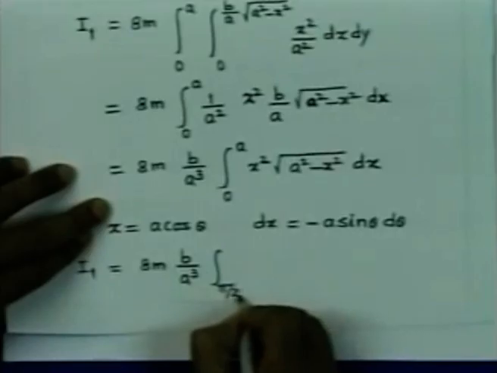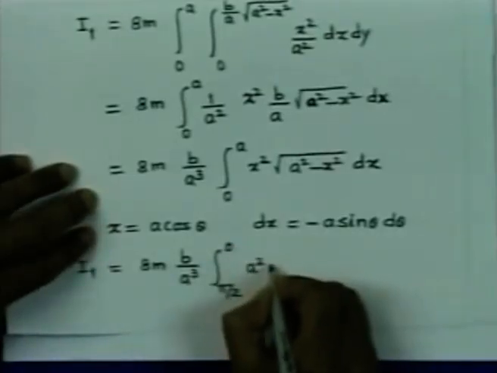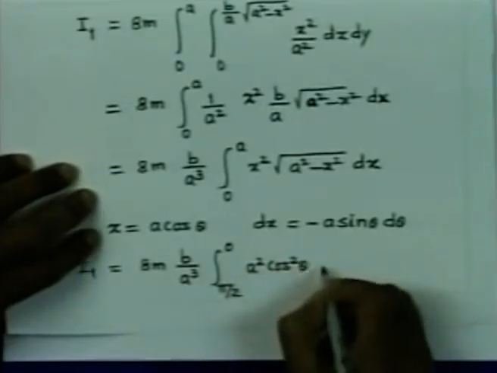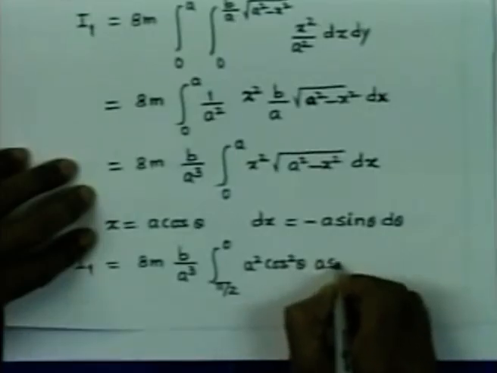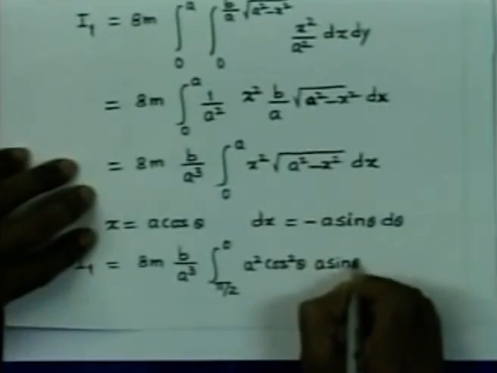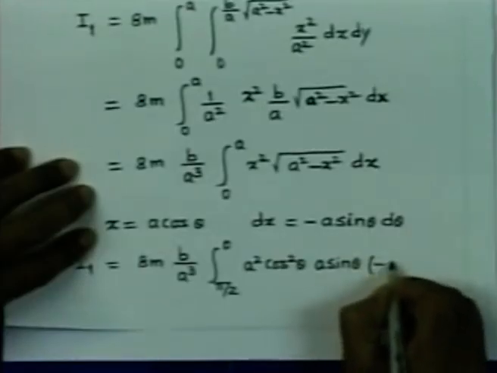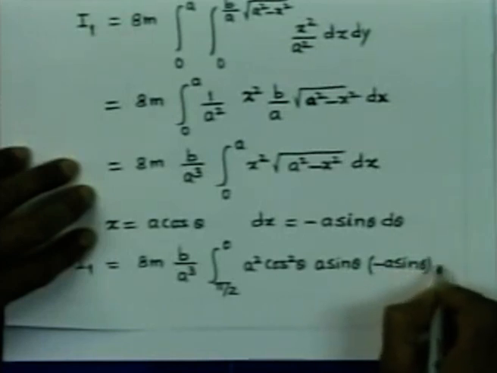integrated from pi by 2 to 0, and this is a square cos square theta, and this is going to be a sin theta, and this quantity is minus a sin theta d theta.